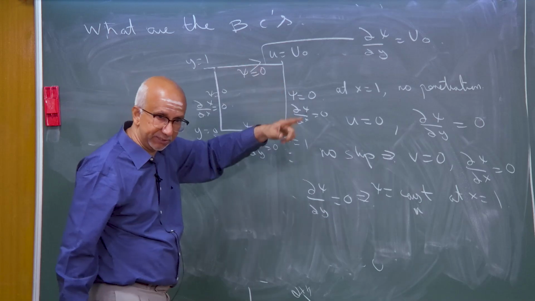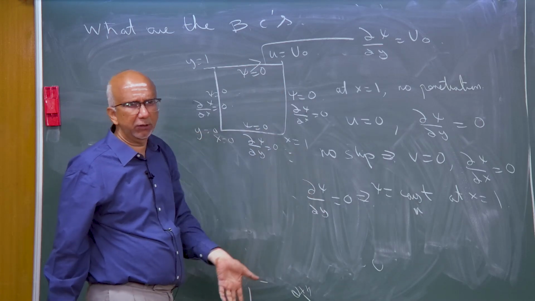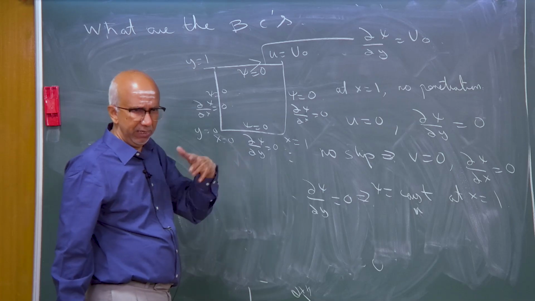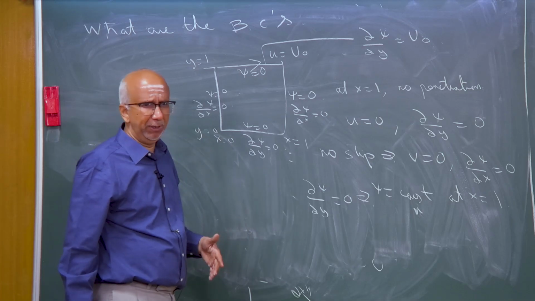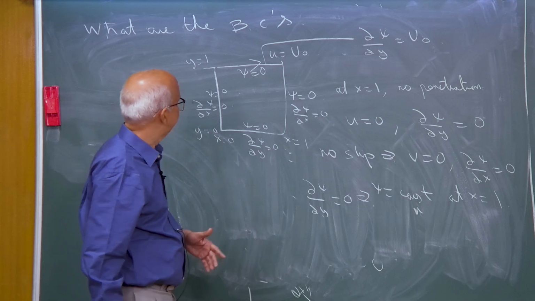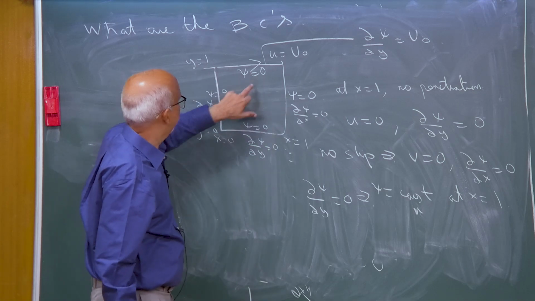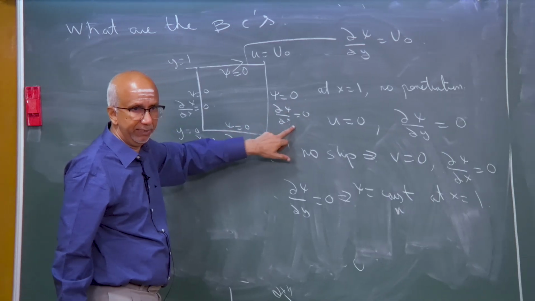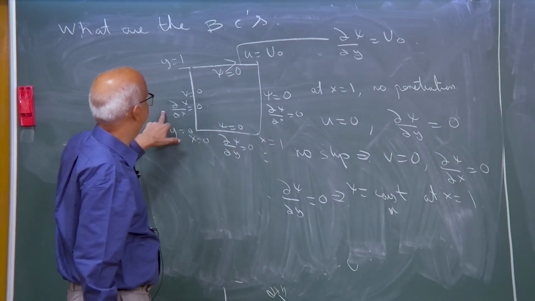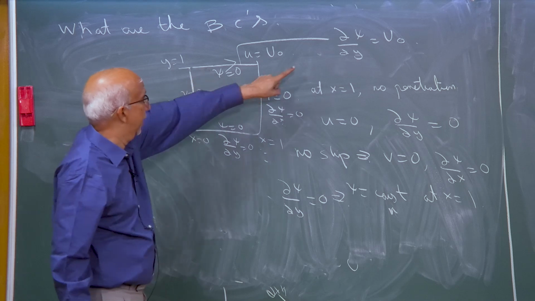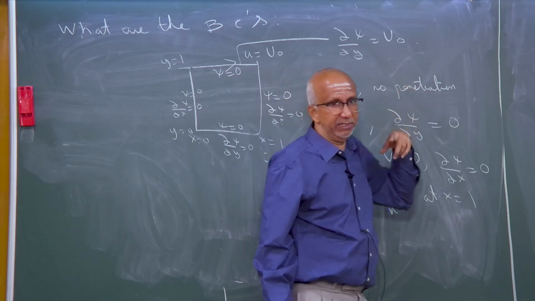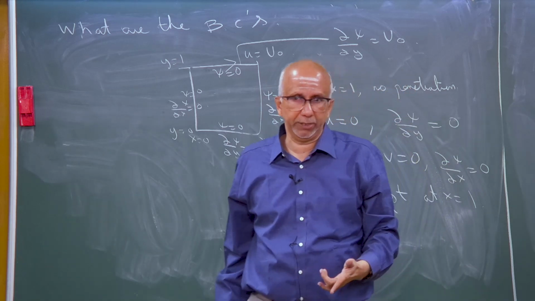On the streamline psi is constant, and I am taking that constant as 0 as a reference, because stream functions are determined only up to an arbitrary constant. Everywhere else the normal derivative is 0, and here d psi by dy is non-zero, it is u naught, the plate. This non-homogeneity is the one which is driving the flow.